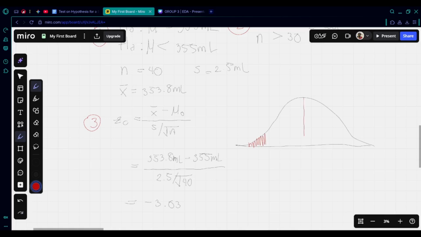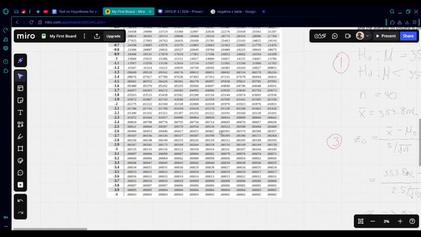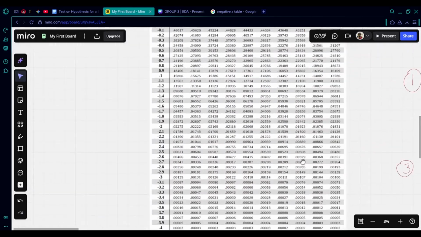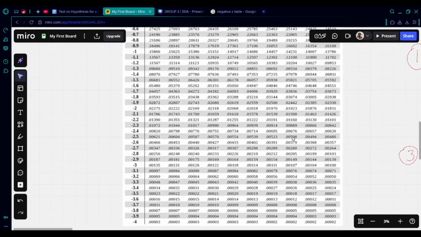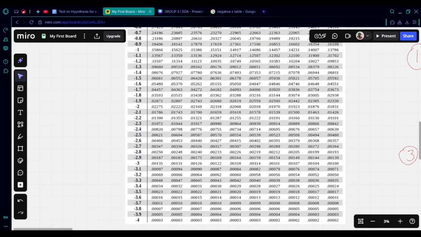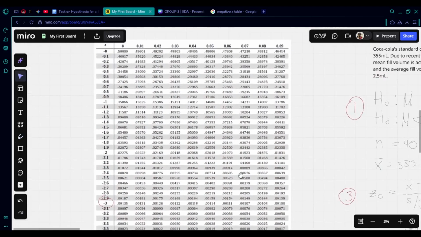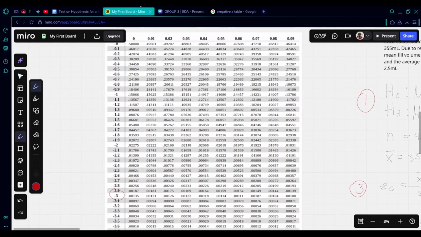Then we have here our value. So going back, now that we have solved for our calculated Z, we will now locate the Z crit. Since we have a value of negative 3.03, here negative 3, this section, and 0.03, so we have 0.00122.